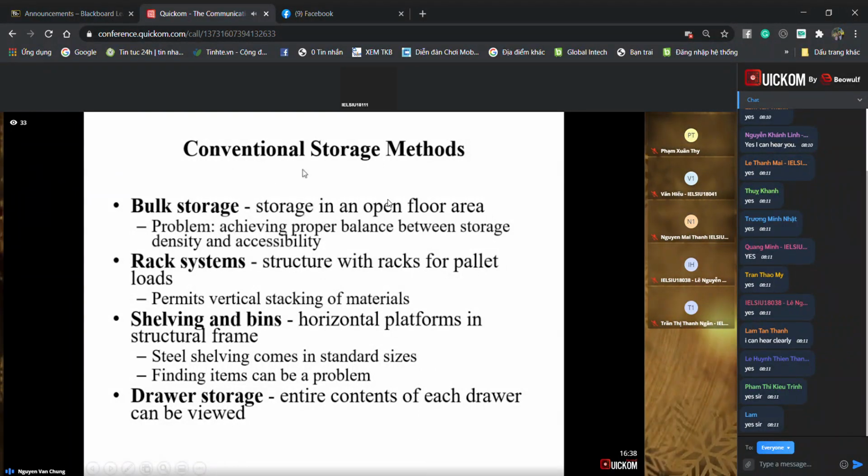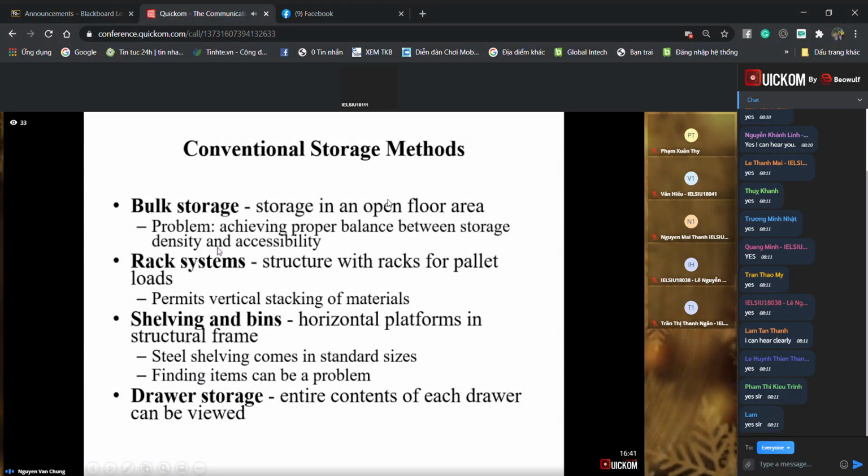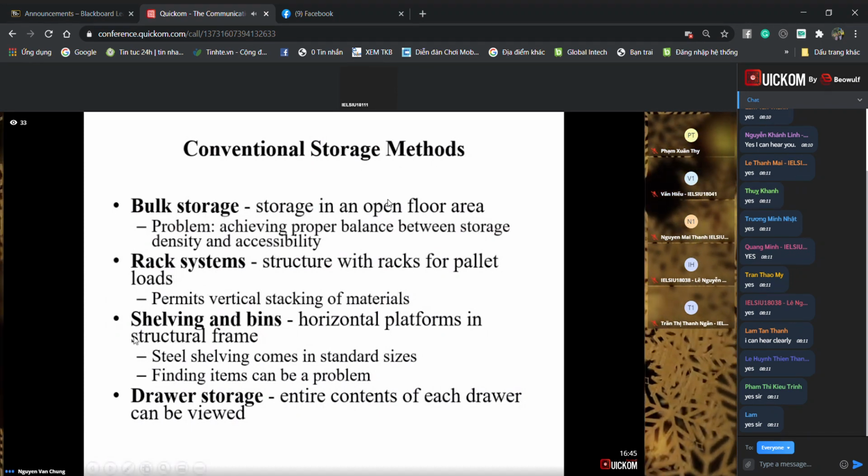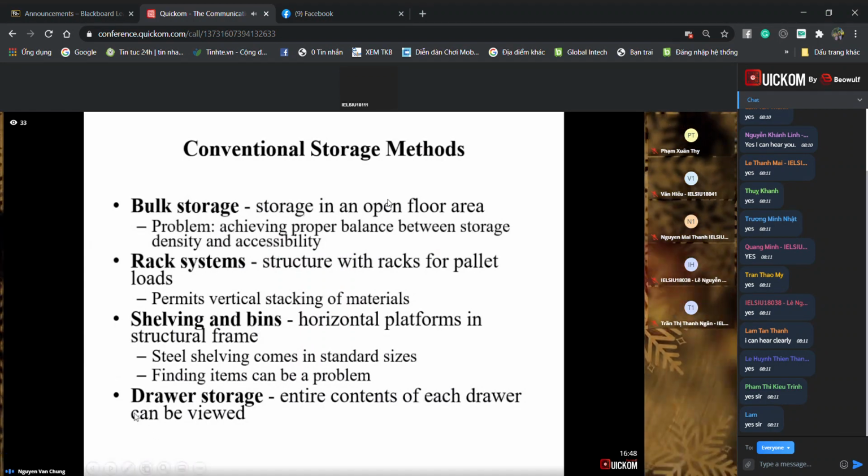The conventional storage methods that you have, maybe you use pallet storage, rack system, shelving, and bin and drawer storage.